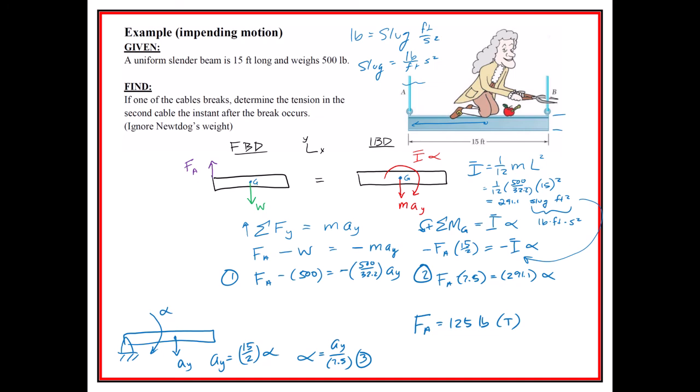Because they had to deform with the original distribution between the two springs holding the thing, and once you cut the other spring, the deflection hasn't changed at that instant, so the force is the same. So it's kind of weird that for a cable you get a different answer than for a spring. Conceptually, it's difficult to accept those types of things that are true.